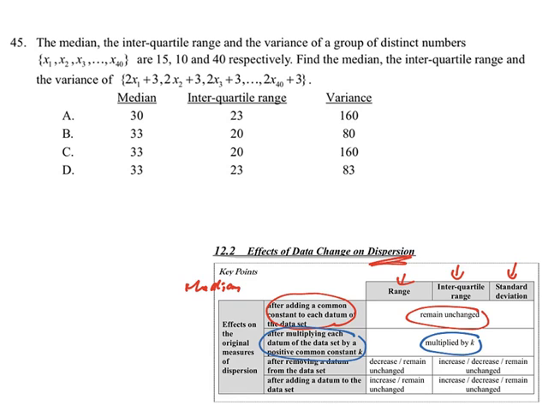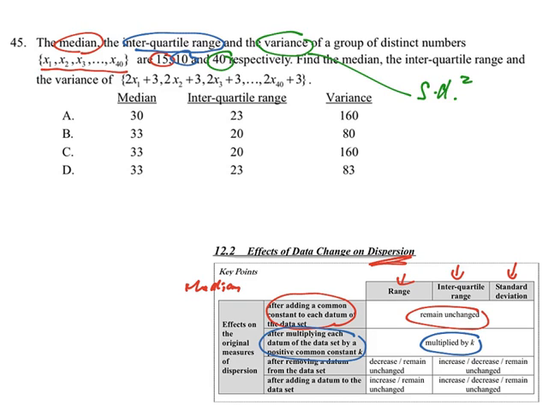So let's see the question. The median for this data is 15, the interquartile range is 10, and the variance is 40. Variance is actually SD squared. Let's see the median. As I said, the median is only one data value, so it will be affected by adding and multiplying.